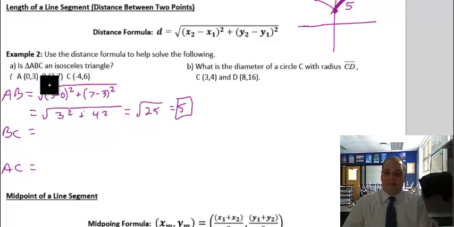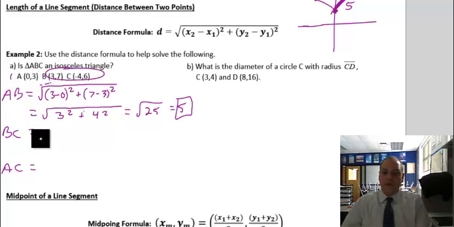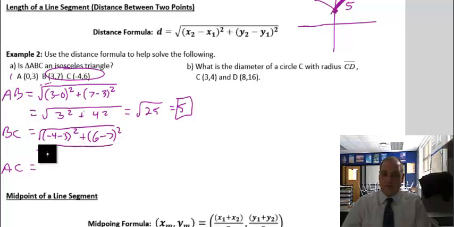Okay? BC. So we're doing these two now. Radical, -4 minus 3, squared, plus 6 minus 7, squared. Square root of -7 squared plus -1 squared.